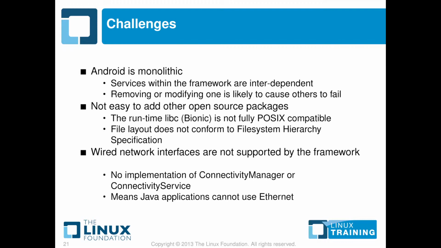Also, the file system layout they're using is not fully FHS, file system hierarchy specification compliant. And again, that makes it difficult to integrate code. And then there's some other nitty-gritty issues, like it doesn't handle Ethernet particularly well, and the networking layer is its own particular thing. We're not going to go into that, but just be aware of that stuff.